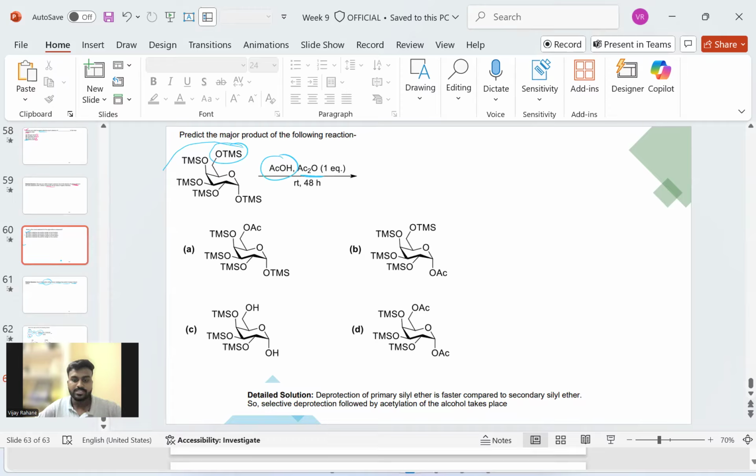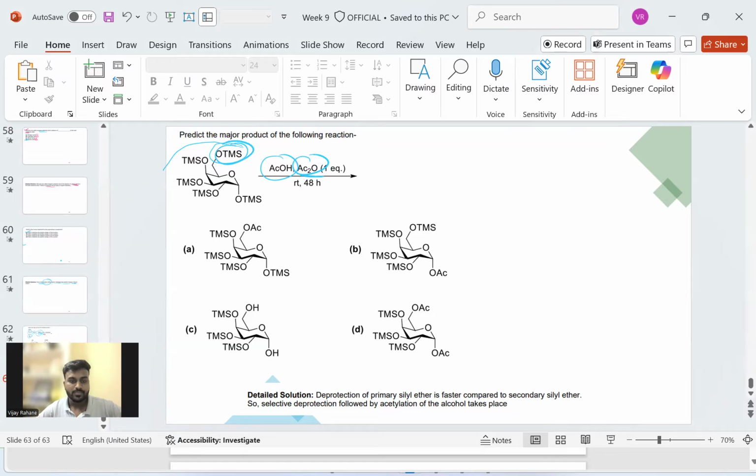The deprotection of the primary is more favored and faster compared to the secondary silyl ethers, and therefore the deprotection of the primary silyl ether takes place, followed by, since we have added acetic anhydride in the reaction mixture, the acetyl protection of the primary position.